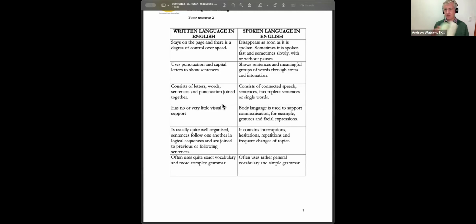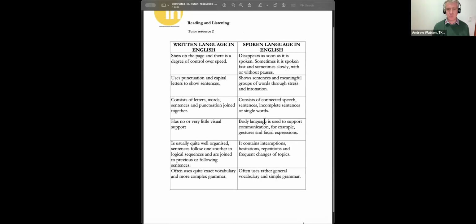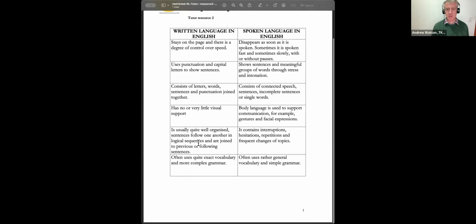However, if you're reading something like a novel, it's pure text without any visual support, or if it's an article. Whereas in speech, body language is used to support communication, for example, gestures and facial expressions.